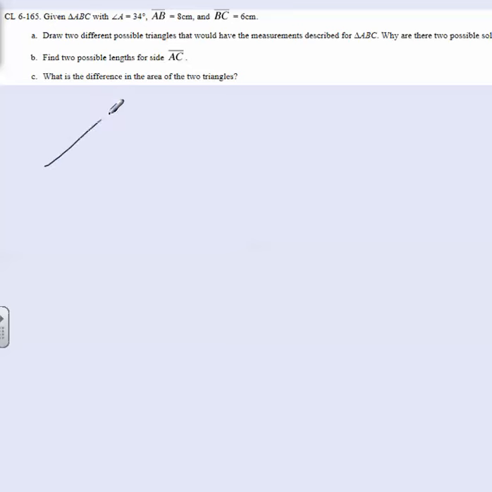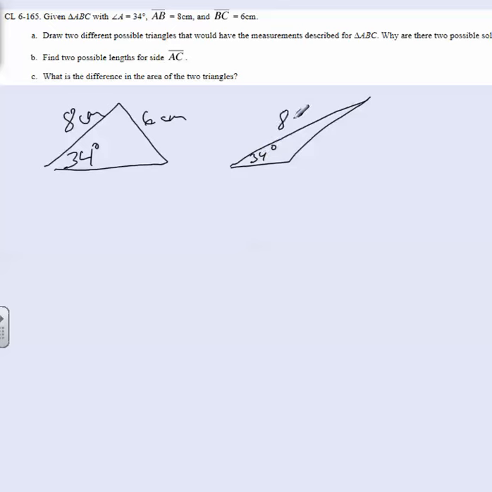So again, my two possible triangles, 34 degrees, 8 centimeters, 6 centimeters, and the smaller one, 34 degrees, 8 and 6. Using law of sines, I can find my two angles. I'm going to go ahead and find the two possibilities for this angle here. I'll go ahead and call them alpha.